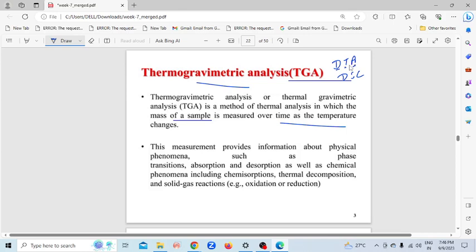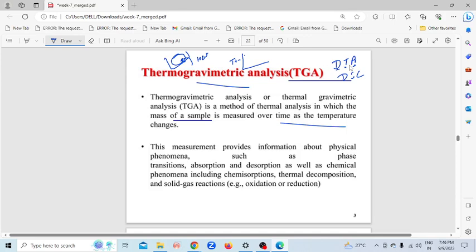Differential thermal analysis means you are measuring temperature change. Suppose your sample is kept in a furnace. When you provide heat, it will decompose.